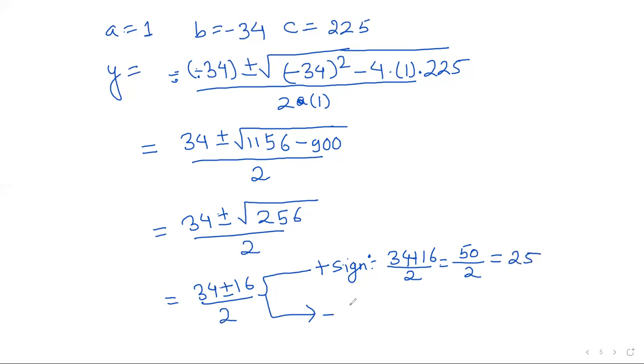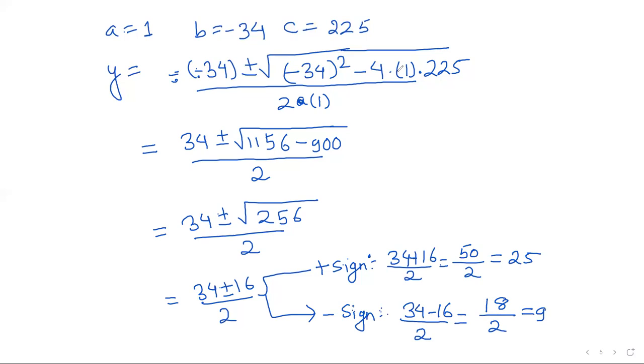Then if you take the negative sign, we get 34 minus 16 over 2. So 34 minus 16 is 18. So 18 over 2, that is 9.